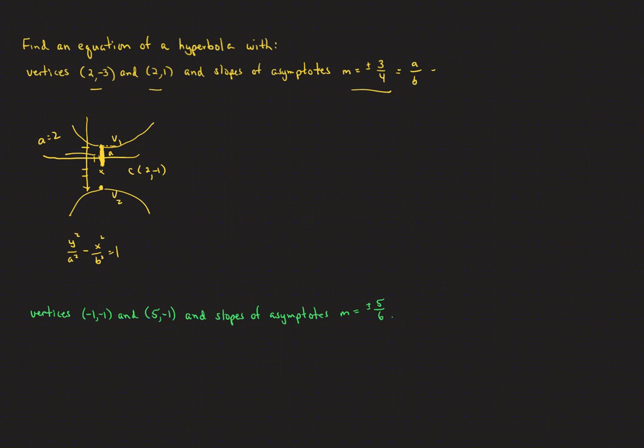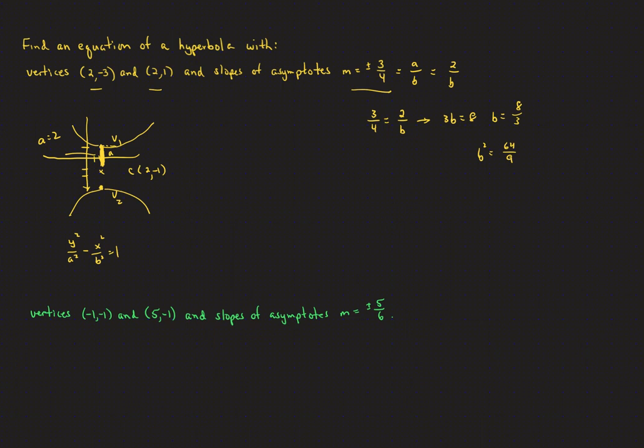Now we know that the a is 2, so that means we have 3/4 is equal to 2 over b. And so we're going to solve this proportion by cross-multiplying and getting 3b is equal to 8. So b is going to equal 8/3, and we actually need b squared, so that's going to be 64/9.